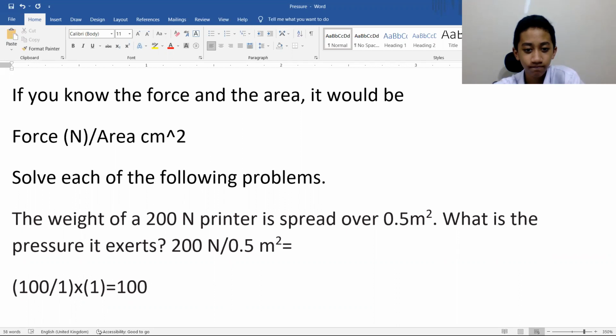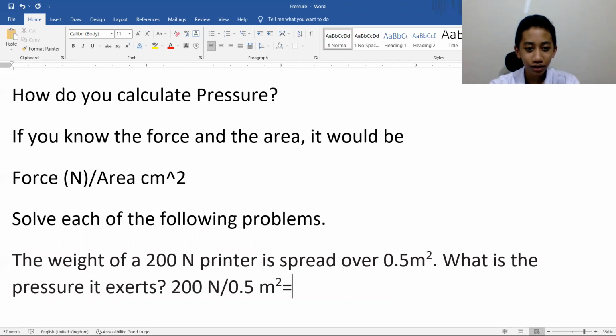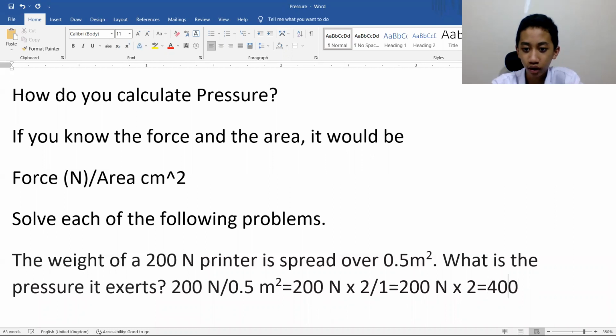Wait a second. I think we need to reverse it actually. Division equals multiplication. So 0.5 equals 2 over 1. 200 N times 2 over 1 equals 200 N times 2. It equals 400 N.